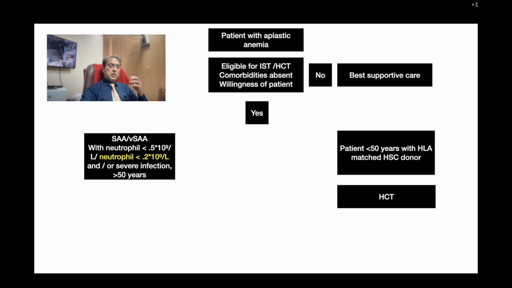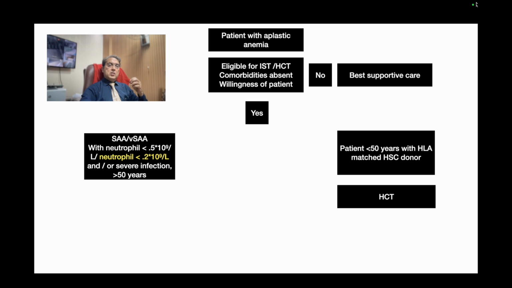You assess this by seeing the bone marrow cellularity if it is less than 25%, and if the neutrophil count is less than 0.5, the platelets are less than 20 and retics are less than 20. This is severe aplastic anemia. If the neutrophil count is less than 0.2 and platelets less than 20 and retics less than 20, this is very severe aplastic anemia.